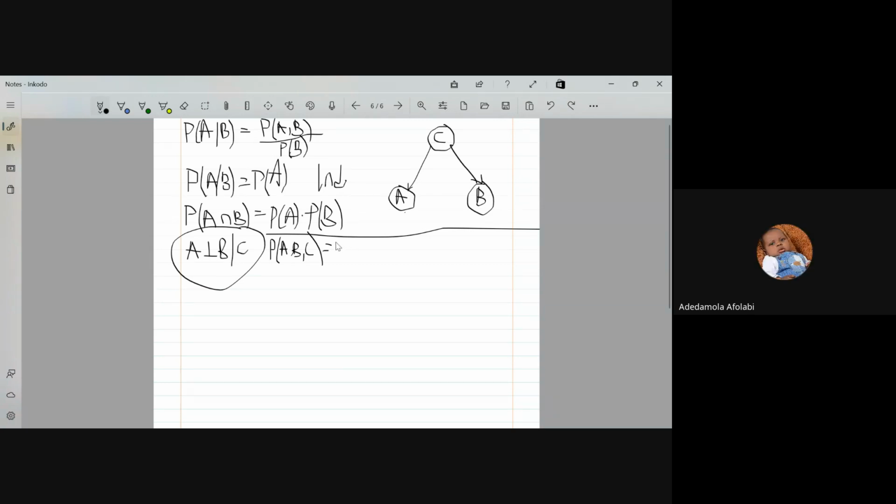Are you referring to the graph above? Yes. Probability of C, multiplied by probability of A given C, and multiplied by the probability of B given C. Excellent.